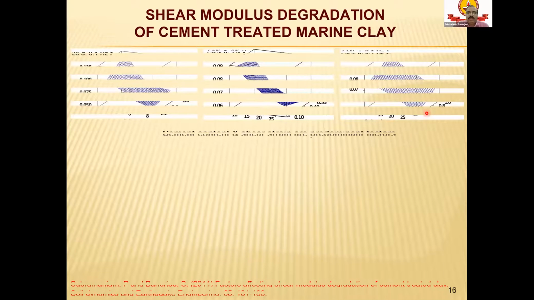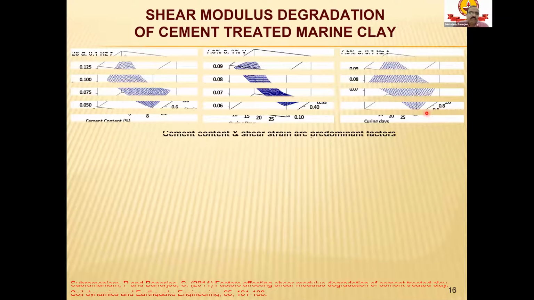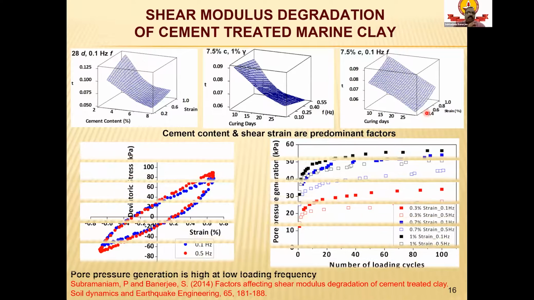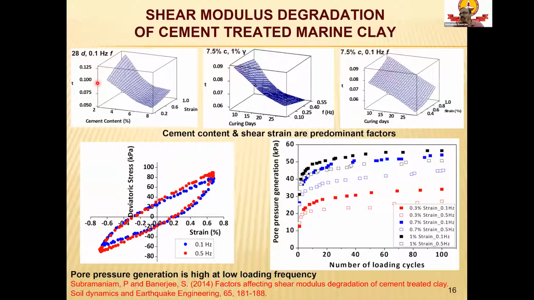So we did some parametric study based on our experiments. In fact, we did a 3-dimensional study because the factors, the frequency, strain range, and cement content, are all mutually interrelated.